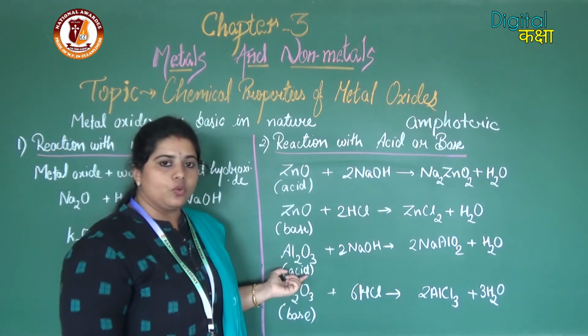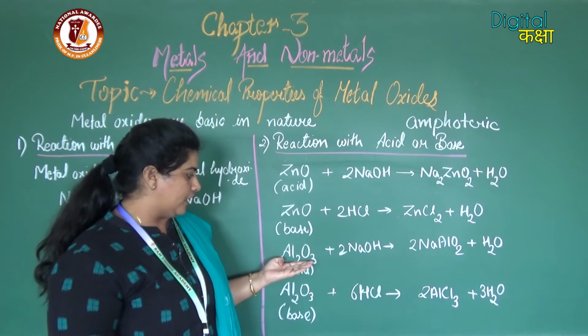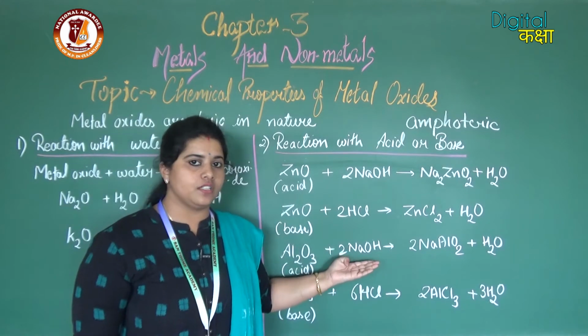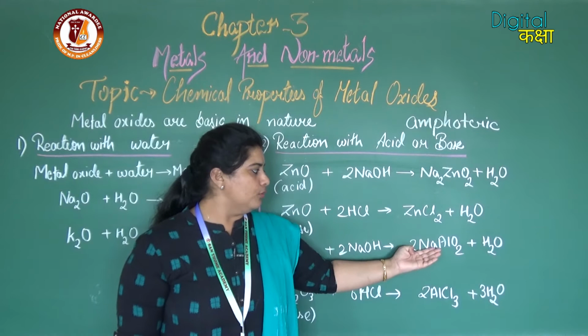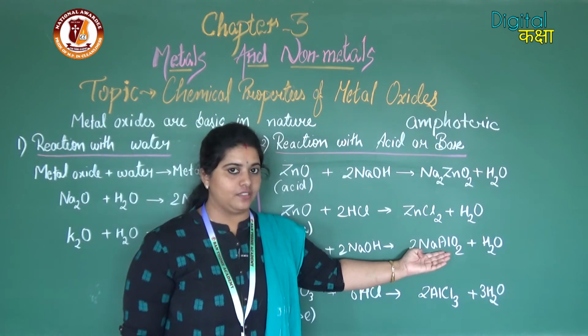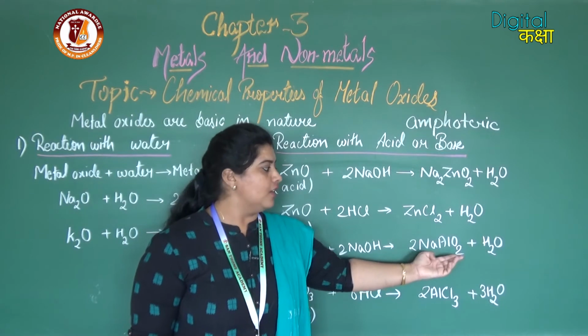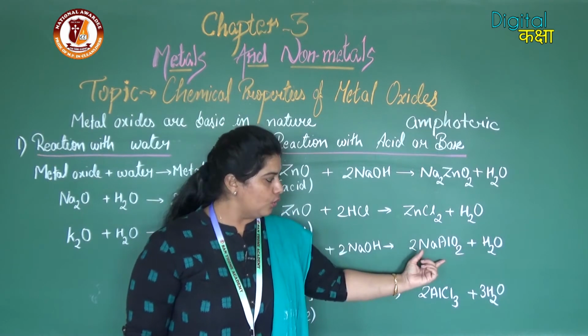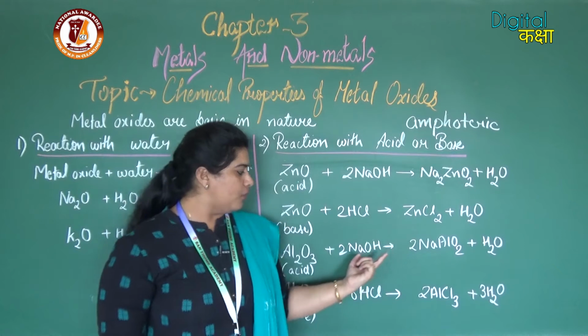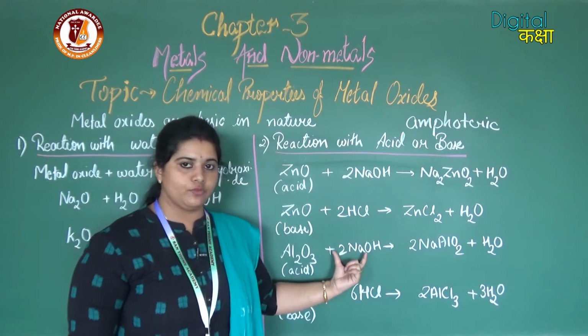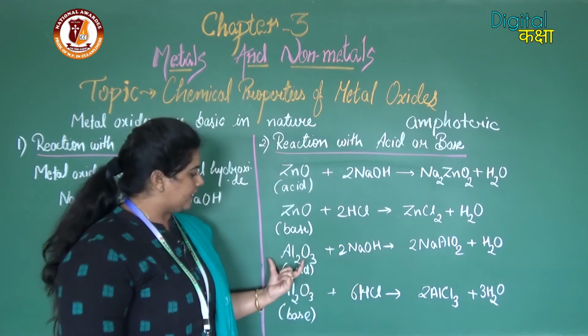Similarly, when we talk about aluminium oxide reacting with NaOH, a base, it forms sodium aluminate plus water. So salt and water is formed when aluminium oxide reacts with base. So here it is acting as an acid.